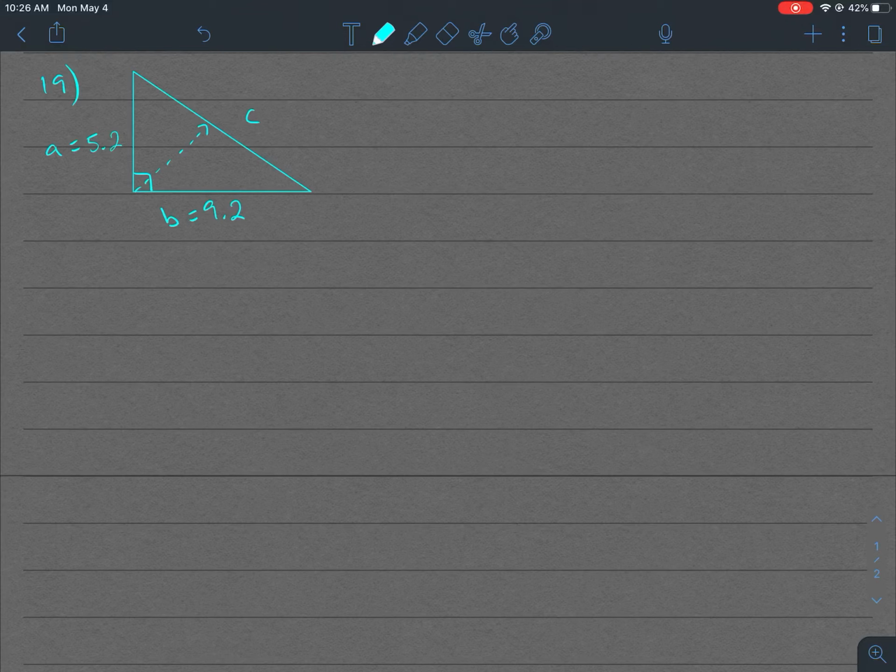So use our formula of A squared plus B squared equals C squared. And what do we know? Let's go over it one more time. A is 5.2, B is 9.2, and C we do not know. So plug in the information that you do know under your formula and solve. So A, 5.2 squared, plus B, which is 9.2 squared, equals C squared.